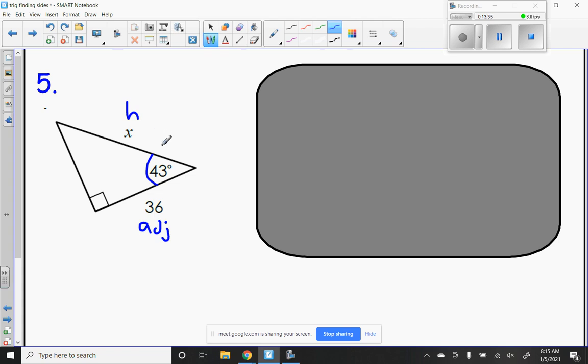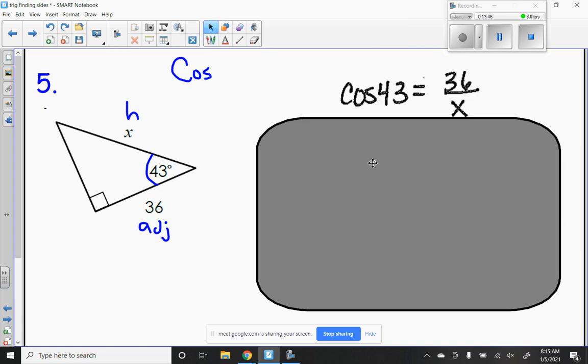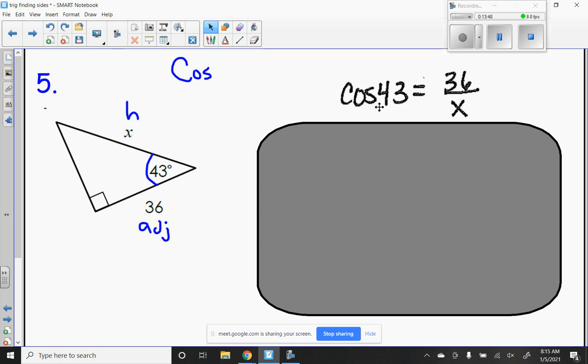Now look at your trig ratios. Adjacent and hypo is cosine. So I'm going to say the cosine of 43 equals adjacent must go on top of hypo. So there's your equation.